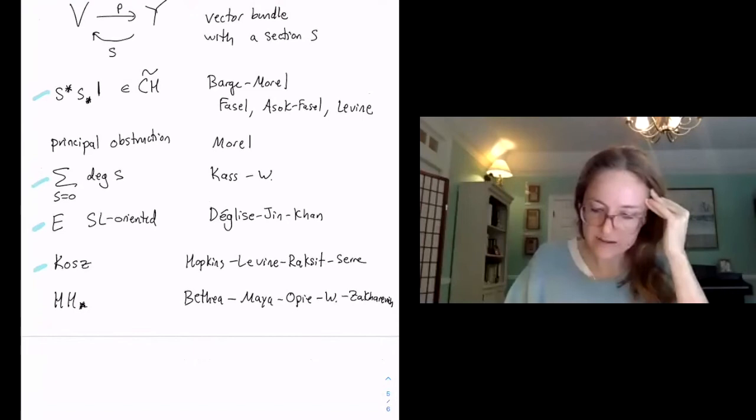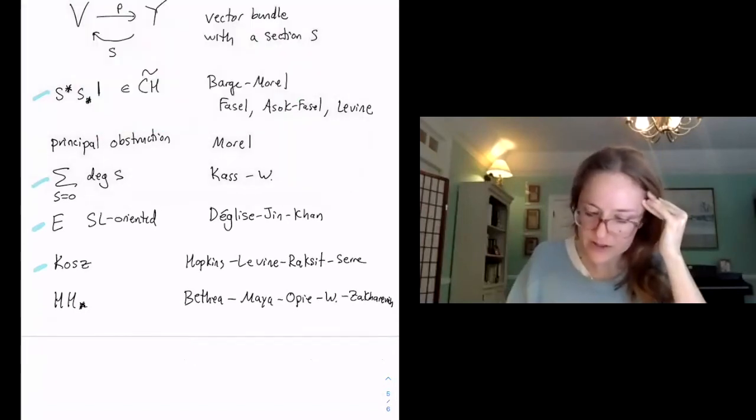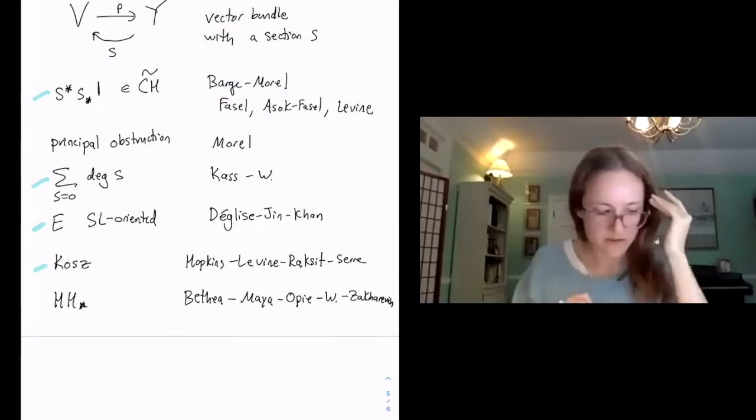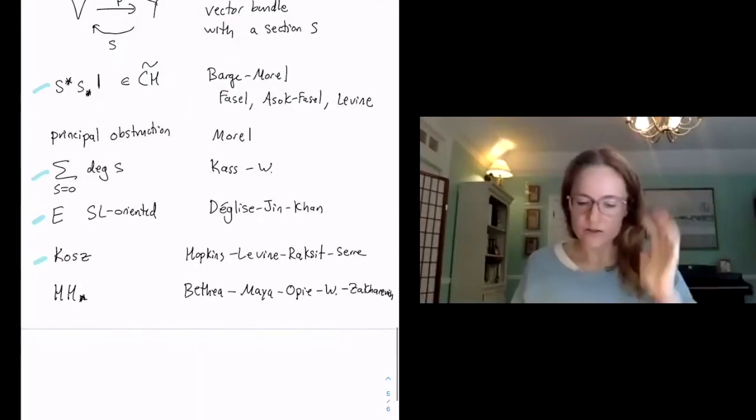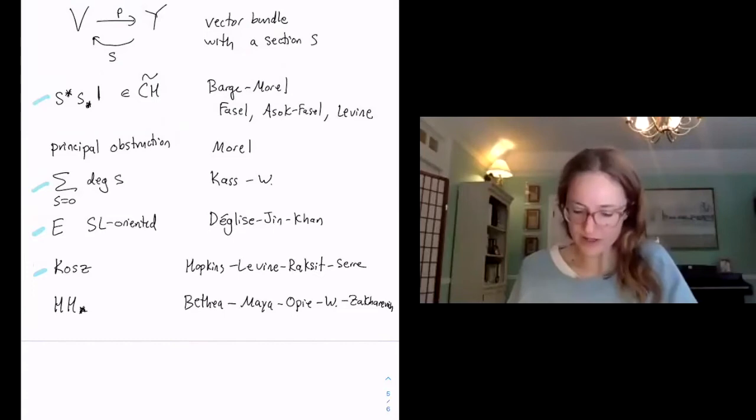As a warning, there's a very interesting paper of Ashok and Fazell about comparing these two, and they are equal up to a unit, but in a context where there are actually quite a lot of units. It's an interesting class. It's an interesting number, and there are a lot of different points of view on it.